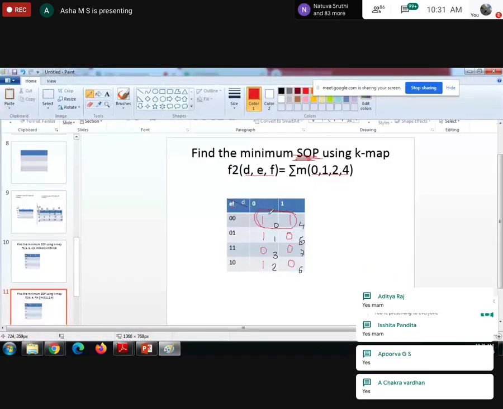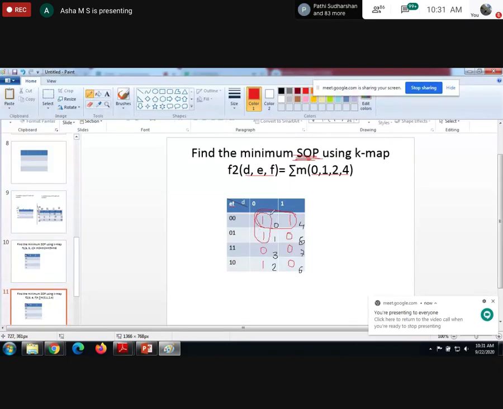Yes, we can group like this. Cell number 0 is grouped with cell number 4 as well as cell number 1. Yes, we can do that also. You can group as many times as you want, because we are trying to get the minimum expression.